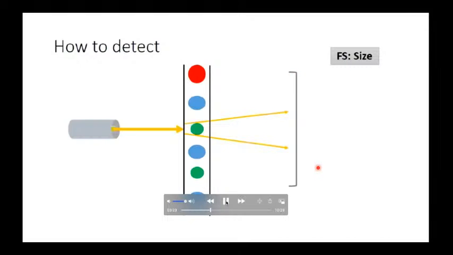And when the cell is smaller, the cell will scatter less light in the forward direction. So the forward scattered light is directly proportional to the size of the cell. Now the detector detects the pulse of photons, which is the forward scattered light, and the detector, as I told you before, is connected to a PC or a computer. The PC will convert the intensity of the light detected by the detector into voltage, and then I will get a specific amount of voltage for every cell passing through the laser beam.